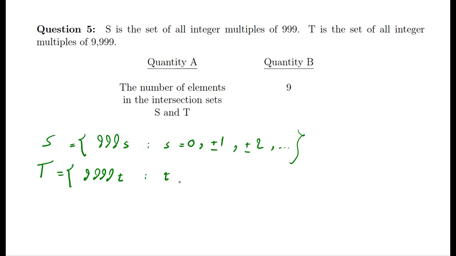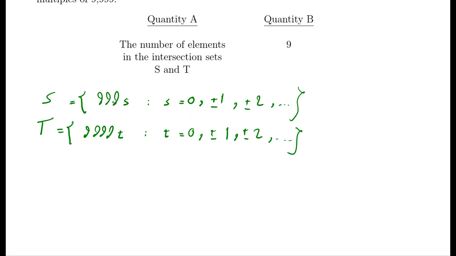This integer can be all of these integers, and so on. But we know that 999 can be written as 9 times 111, multiplied by that s. Same here, I can erase this and write 9 times 1111 multiplied by t. These are s and t.